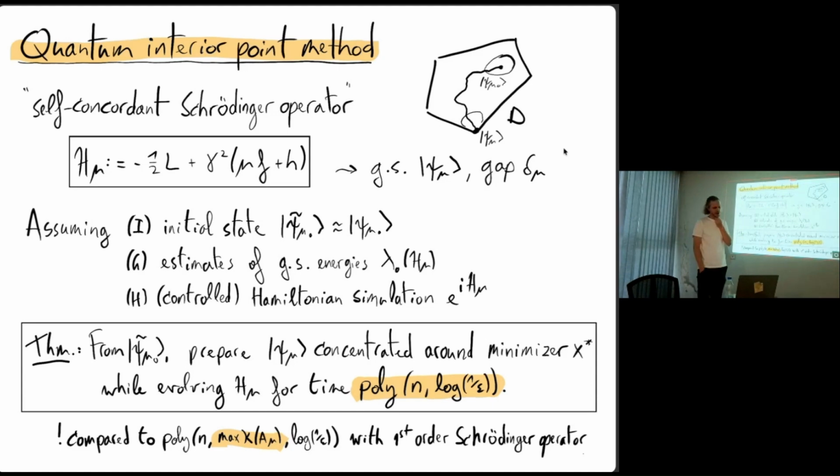Do you mean for estimating the ground state energy or something? Yeah. So I think this theorem gives you some method of preparing the ground state for these kinds of Hamiltonians. Yeah, that's right. Do we know if the ground states of these Hamiltonians are hard to prepare classically, or do we know anything about it?